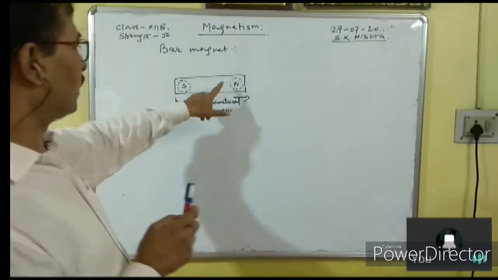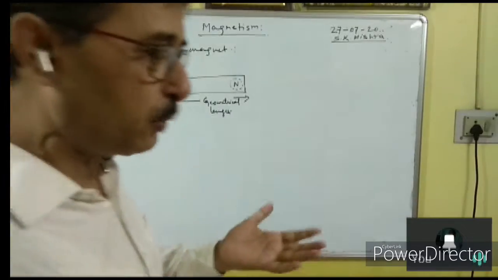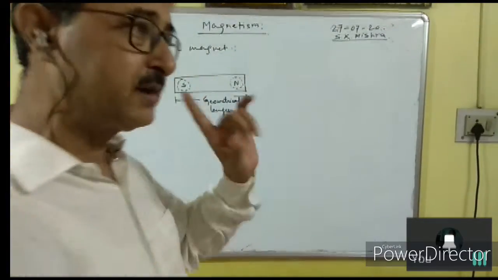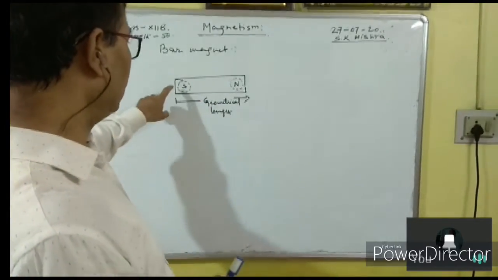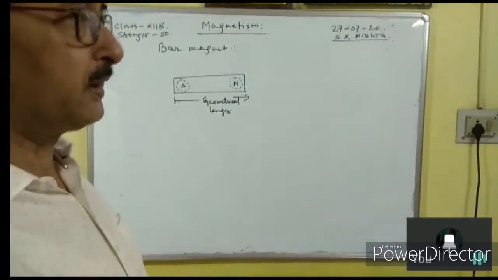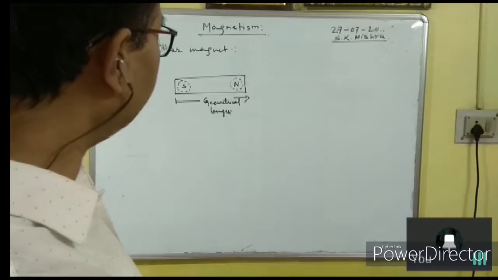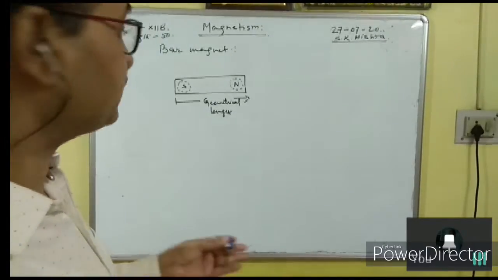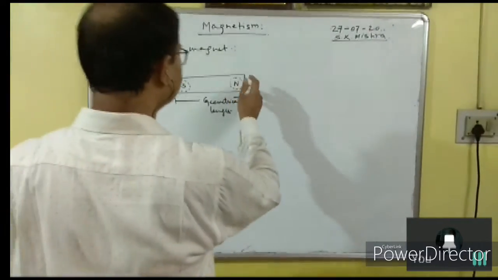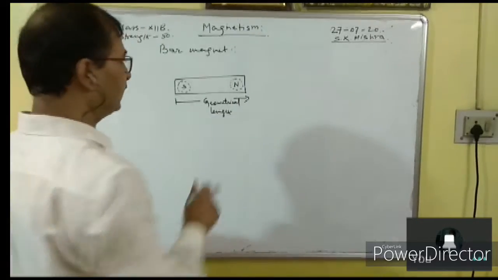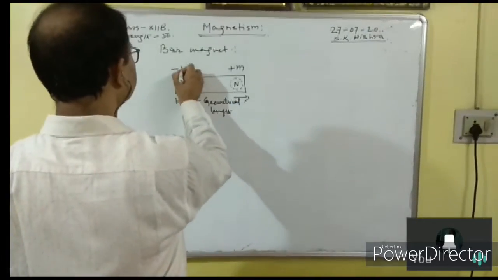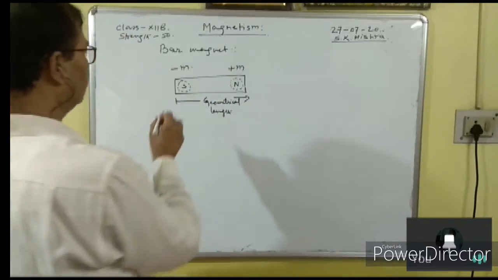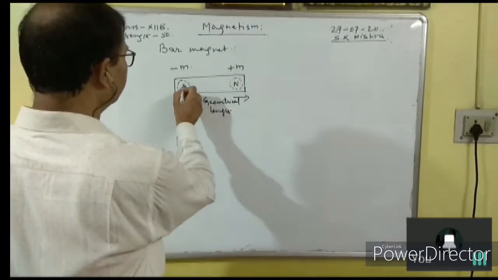The pole of the magnet which is towards geographical north is the north pole of this magnet, and the other one, towards geographical south, is the south pole. That is, the north seeking pole is the north pole of the magnet, and the south seeking pole is called the south pole.